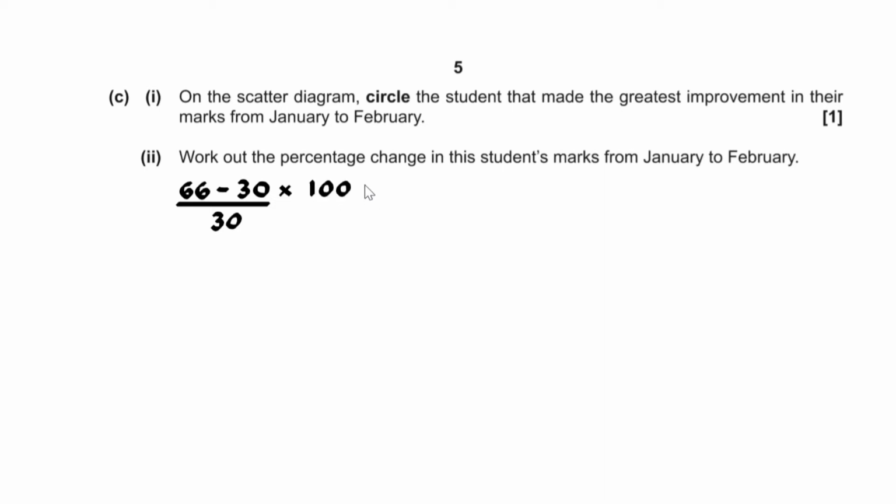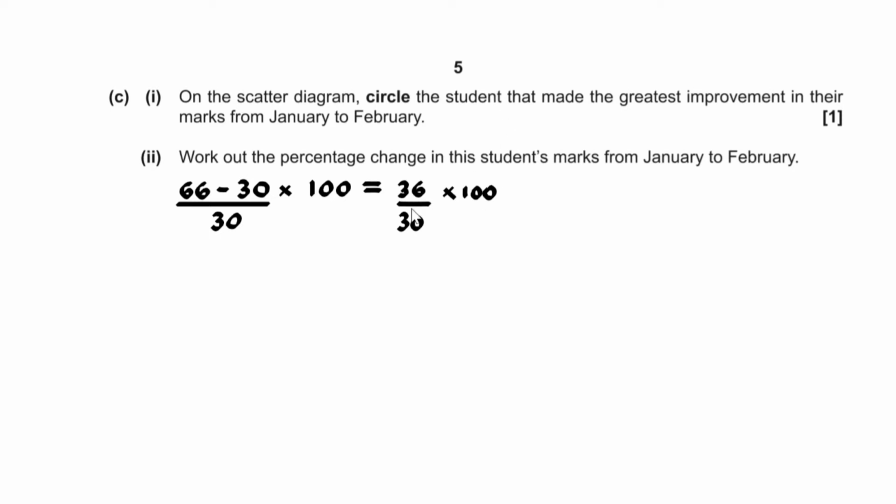If we work out the difference between 66 and 30, that will equal 36. So we have 36 over 30 being multiplied by 100.